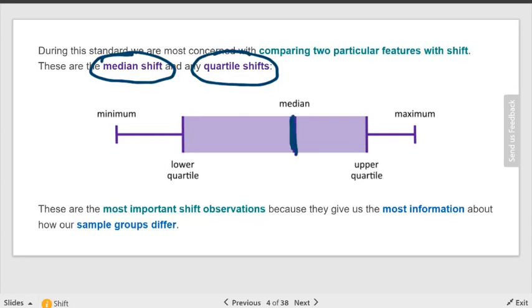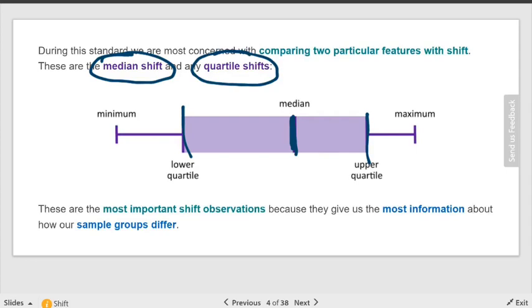Okay? In the middle of the box. Well, actually, does it have to be in the middle of the box? No, it can be spread out. So this one is kind of off to the right a little bit, yeah? And the quartile. Remember the quartiles? That just means those upper and lower quartiles, right? The median is actually a quartile as well, isn't it? It's quartile 2. All right.